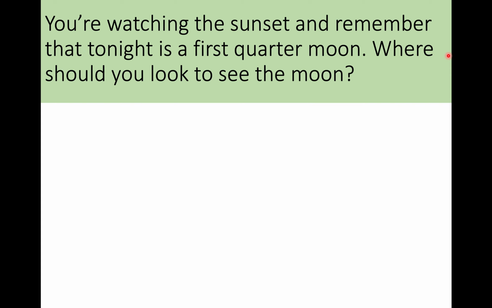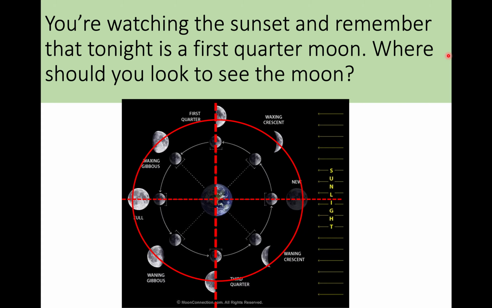So if you're watching the sunset and you remember, oh my gosh, tonight is a first quarter moon, awesome. Where would you look to see the moon? It's sunset. The sun has just set. It's a first quarter moon. Where would you look? So this is where you want to think about the moon, Earth, and sun like a clock.